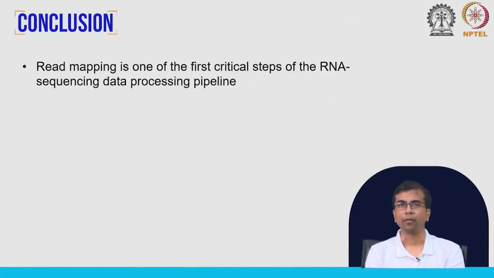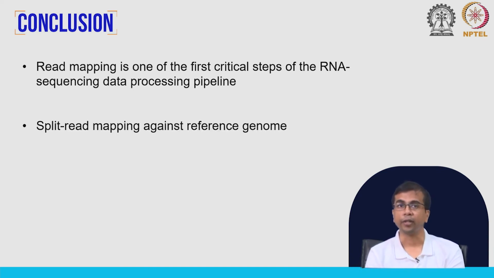Okay. So, to conclude, we have discussed the read mapping step and some of the algorithms that are used for this process, and this is one of the first critical steps of the RNA sequencing data processing pipeline. The challenge we have discussed is that in many cases we need split read mapping if we are aligning against a reference genome. So, we cannot just use Bowtie2, we need some other modifications in that algorithm.